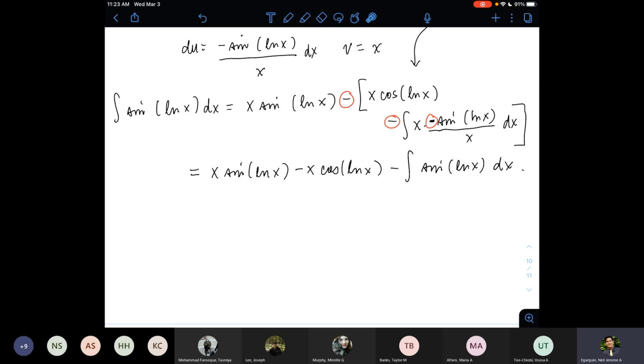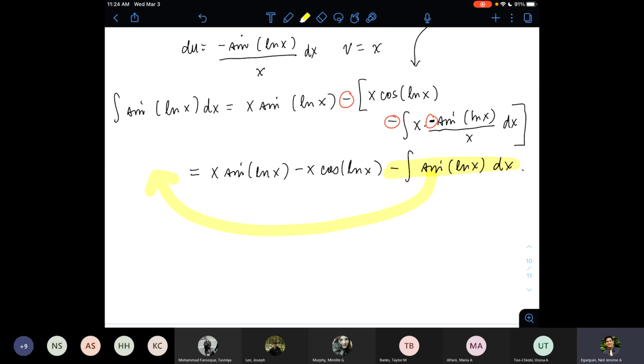Whenever that happens, when one iteration of IBP takes you back to the original problem, you can transpose this term to the other side of the equation and combine those terms.